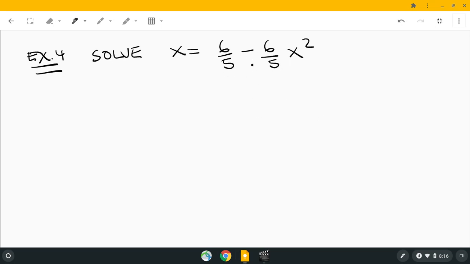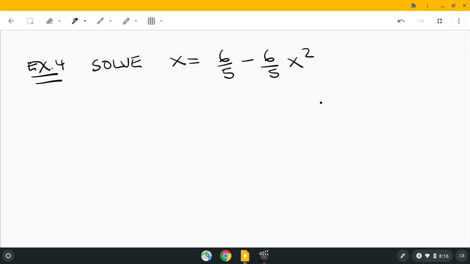If you are worried about those fractions the way you were worried about them in systems of equations, remember you can always clear them when you have an equation. An equation has to have an equal sign, or else it's an expression. Actually, before I do that, let me write it down here. x equals 6 over 5 minus 6 over 5 x squared.